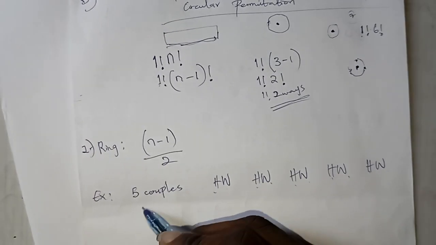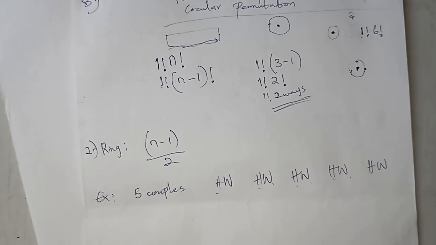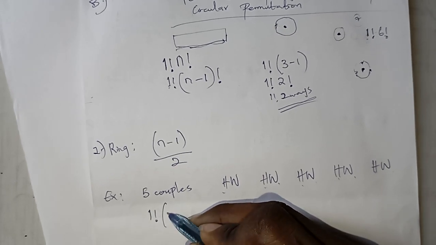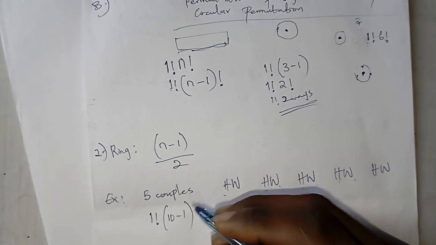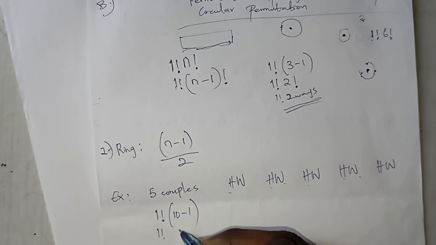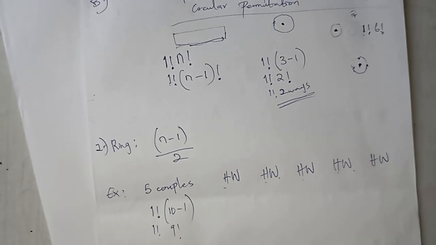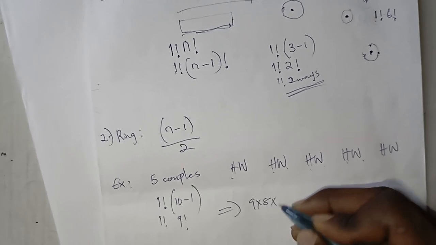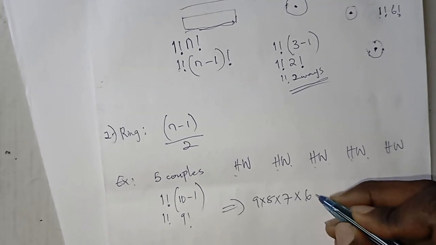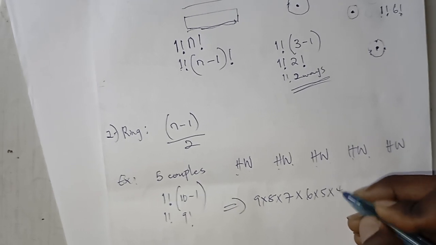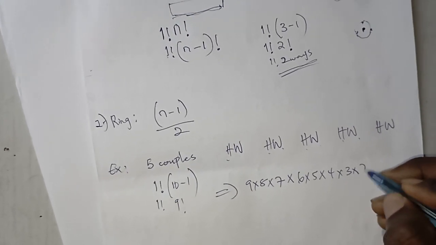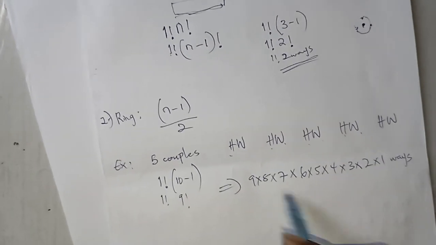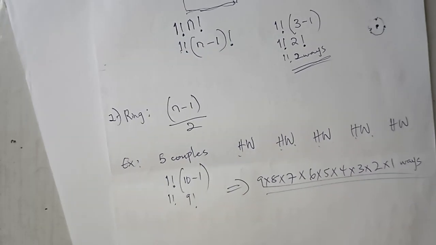So what you just do is to apply, since it's round bench, one person goes to the center, you now do 10 minus 1 factorial, which is going to give you 9 factorial. So it's simply going to give you 9 times 8 times 7 times 6 times 5 times 4 times 3 times 2 times 1 ways. So by the time you punch this, that's your answer.